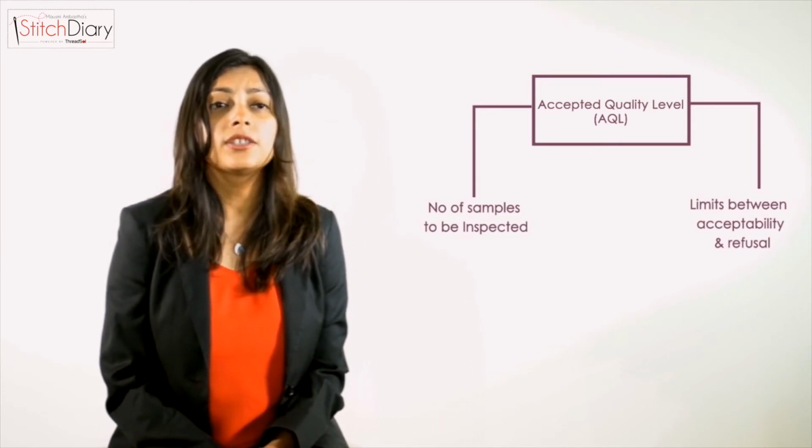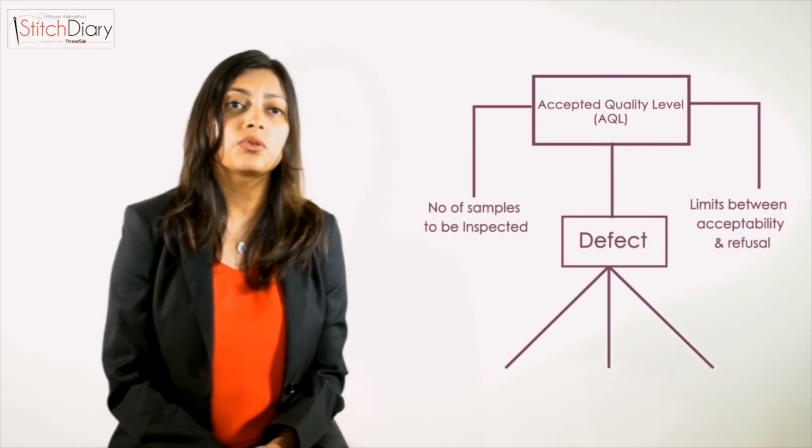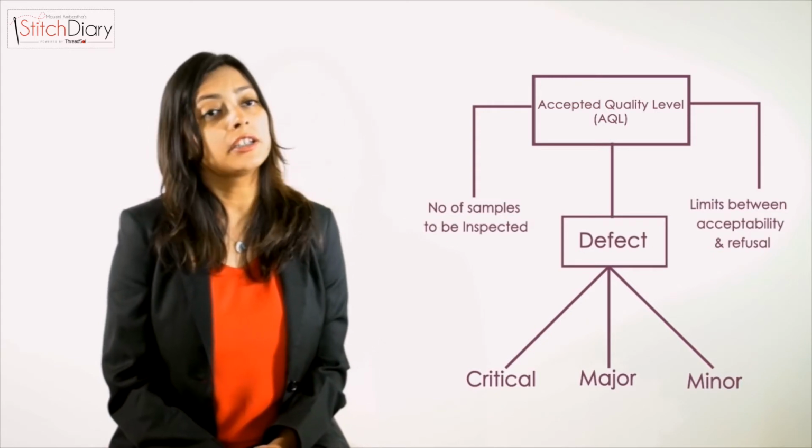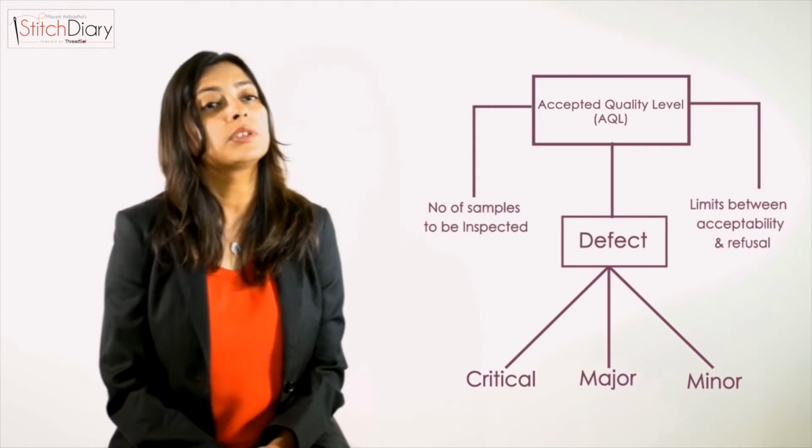AQL requires you to classify defects into critical, major and minor, and the levels are determined based on the accepted standards between buyer and seller. So let's say buyer and seller agree on an AQL level of 1.5, then the table is used accordingly.